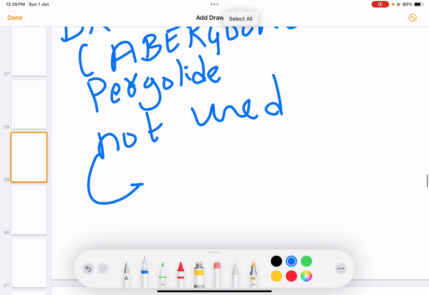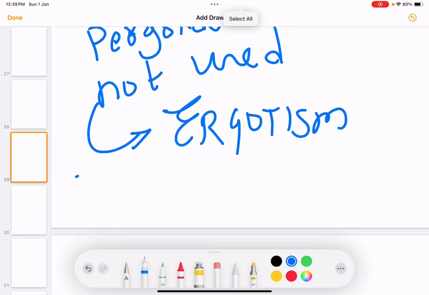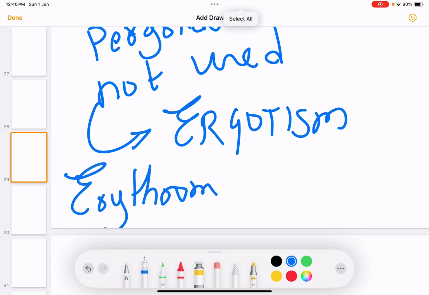What is ergotism? There is vasoconstriction, due to which there can be gangrene of limbs, toes, fingers. There can be erythromelalgia, that is reddening of limbs, and there can be cardiac valvular fibrosis and pulmonary fibrosis.